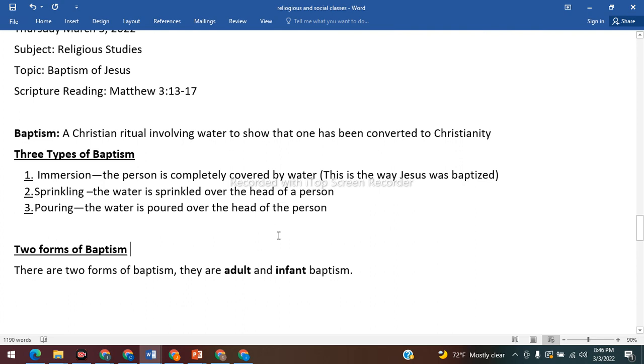But like I said, personally, I only believe in adult baptism, or not even adult, but once they know something about God, once they're not completely unaware of what's happening.